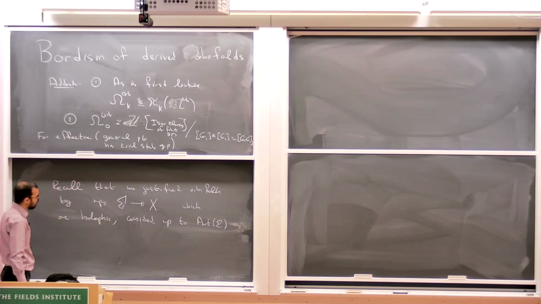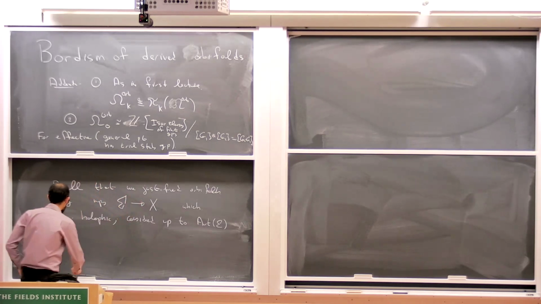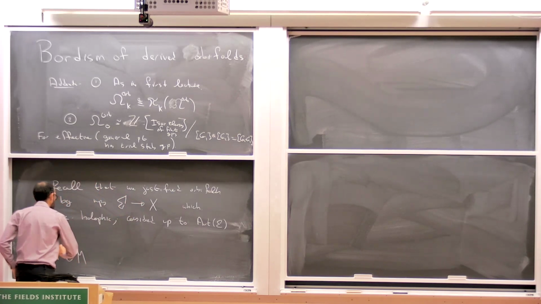So I said, well, that means you expect to see an orbifold. But actually, if you think about it, what I said is that you should try to model this as having some base manifold with a group action, and you have an equivariant vector bundle, and then you have a section.